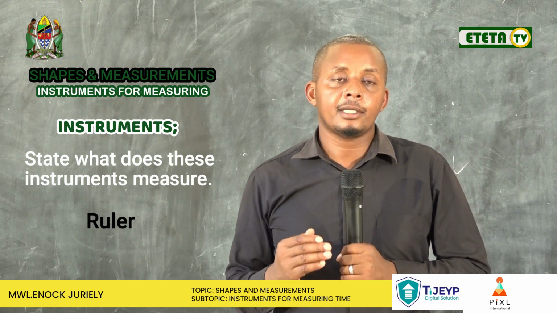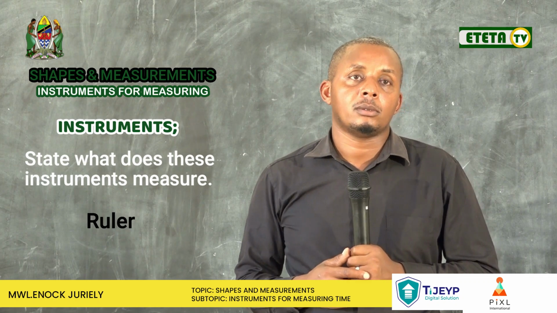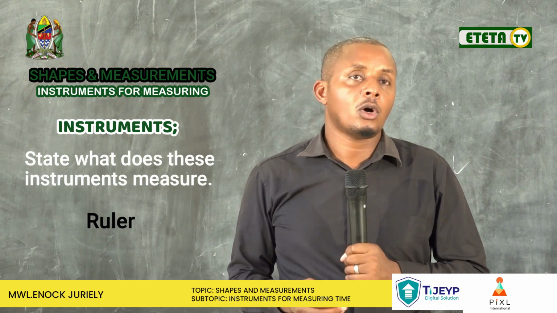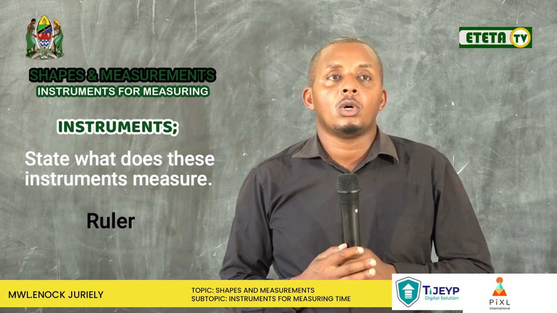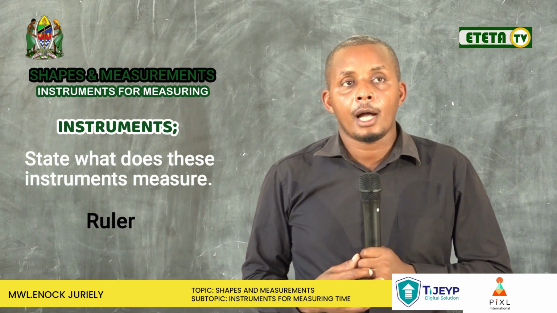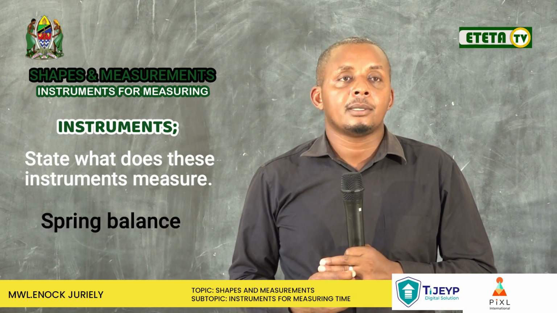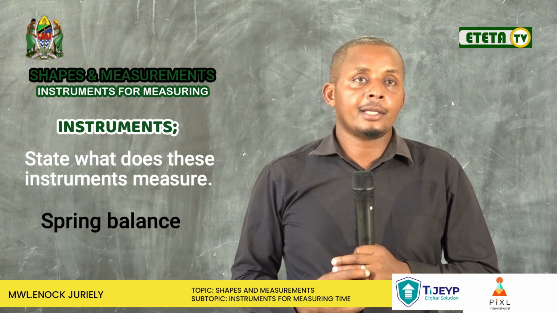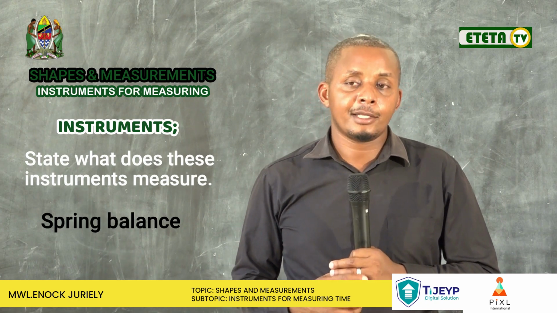The length, the distance from one position to another position, or a height, or width, or depth is measured by a ruler. Another instrument used to measure is the spring balance.